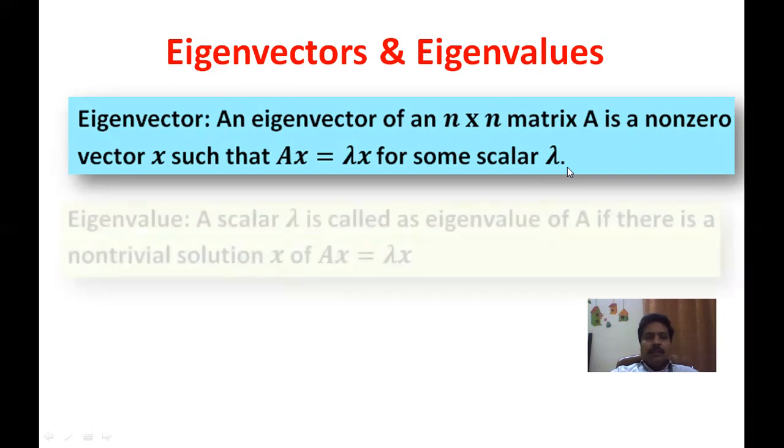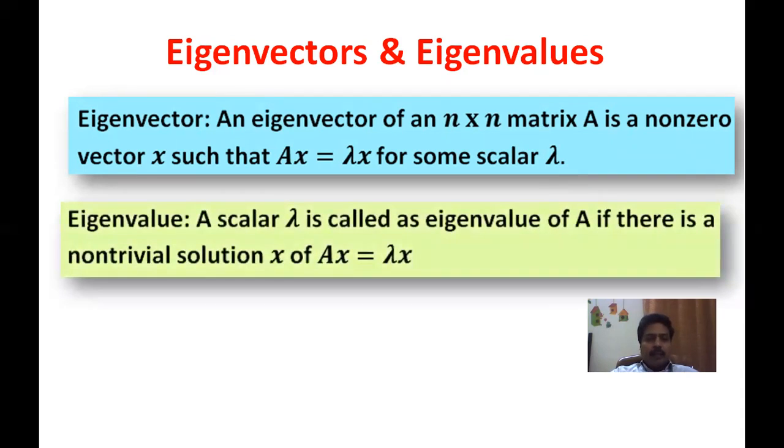And this lambda is the eigenvalue. A scalar lambda is called as eigenvalue of A if there is a non-trivial solution x of Ax is equal to lambda x. If we are able to find a non-zero solution for this one, then we can say that lambda is eigenvalue. Here the x should not be a zero vector.